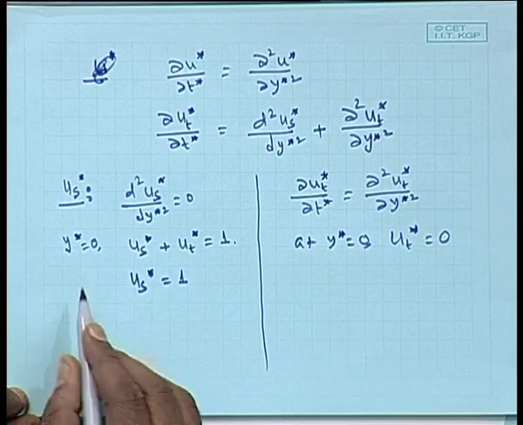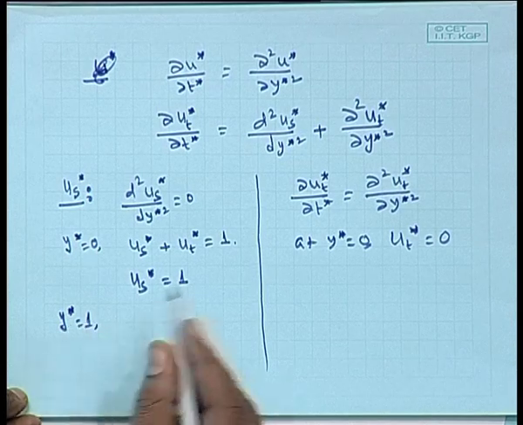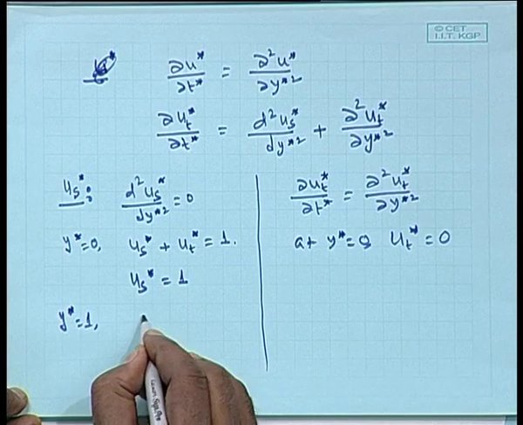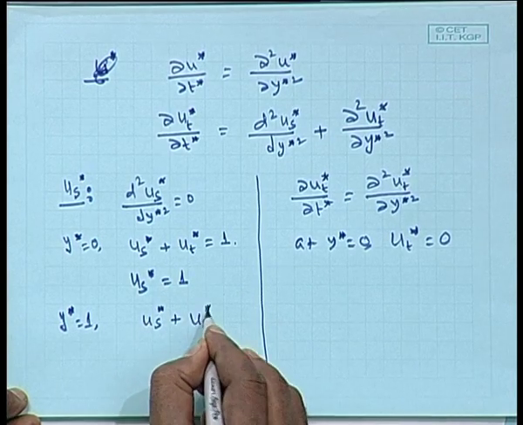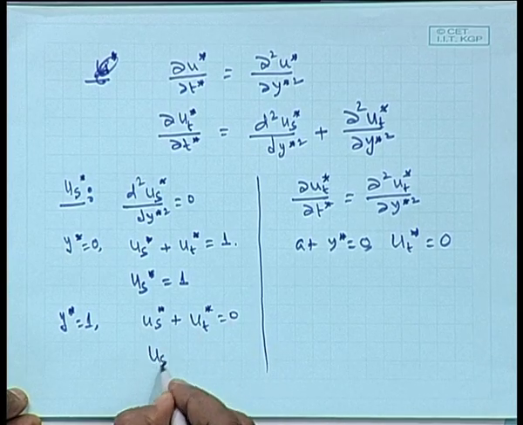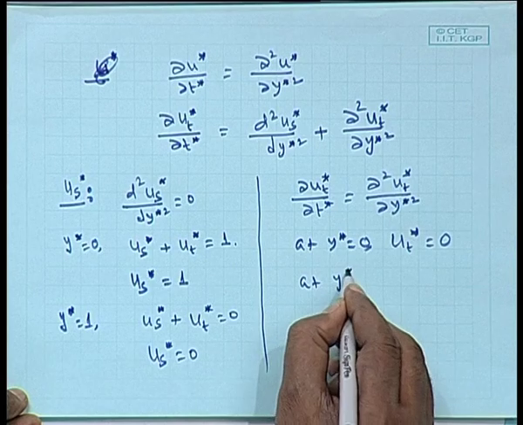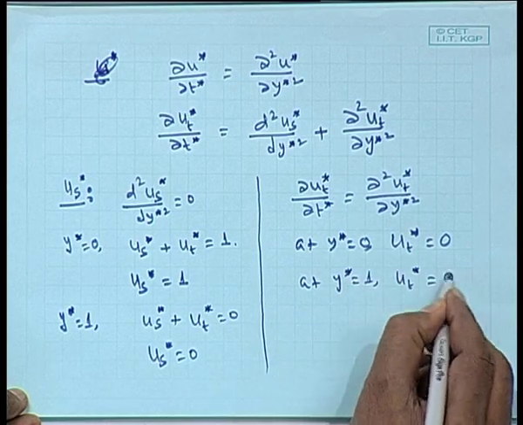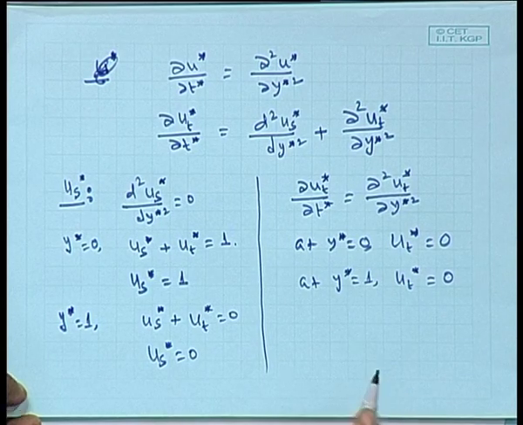Now, come to the other boundary condition. At y star equal to 1, your u star was equal to 0. That is, u s star plus u t star was equal to 0. That means, both of them will be individually equal to 0. Okay? Fine.